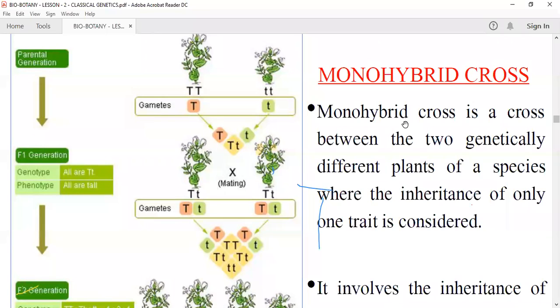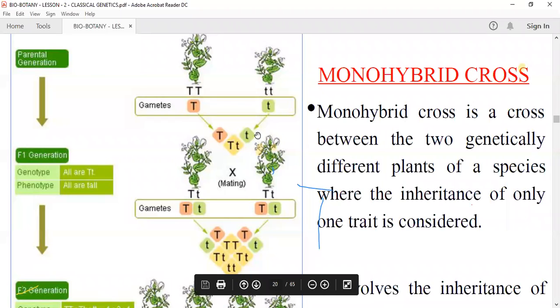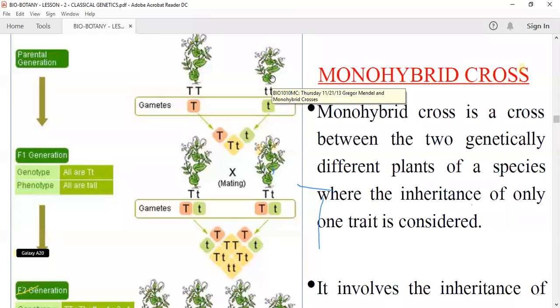The first parent is a tall plant. You can see this Pisum sativum plant is a tall plant, capital T, capital T. And then this is a small Pisum sativum plant, that's a dwarf. We should not call it small, so here we have to mention a dwarf plant. Here you can see the alleles capital T and small t.